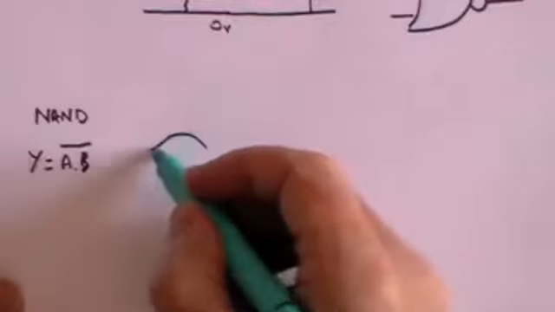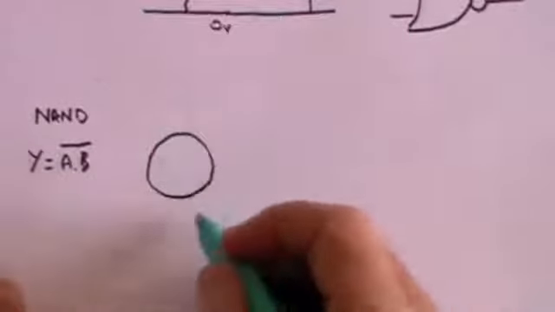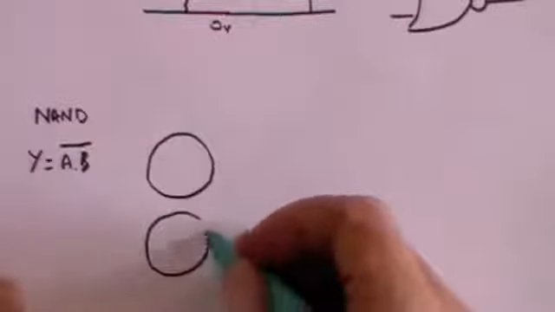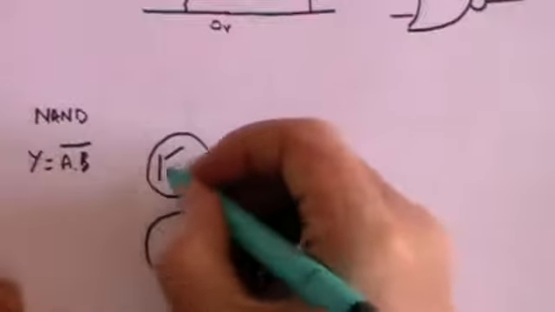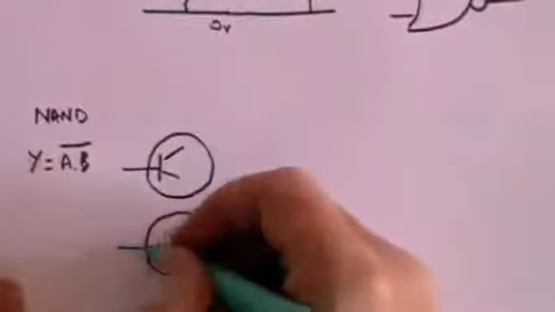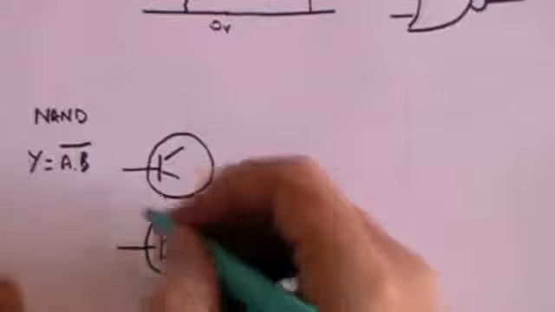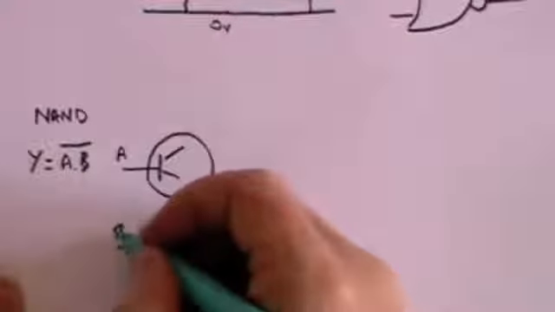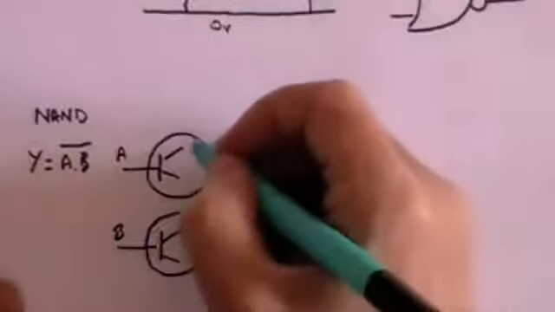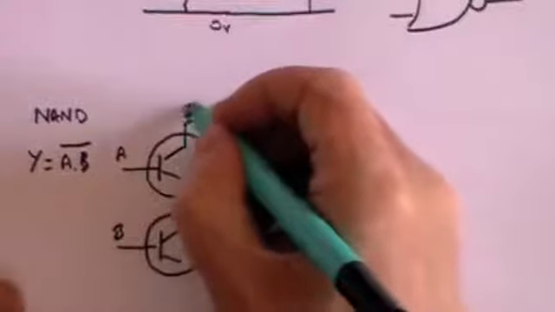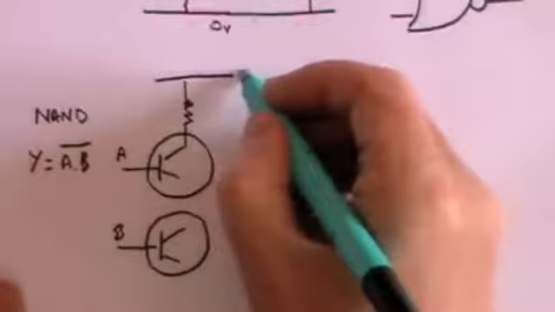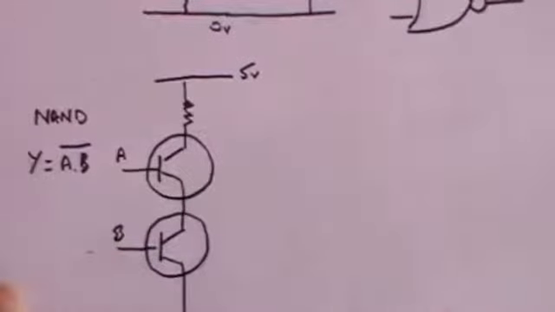And the way we design that, we again need 2 transistors, and each of those will have an input, and those are going to be our inputs A and B. We're going to go up through a resistance here to the 5 volt level, and we're going to connect these two, come down here to a 0 volt level.